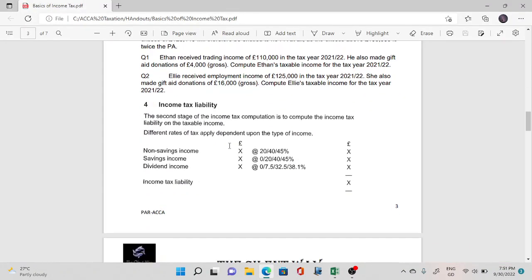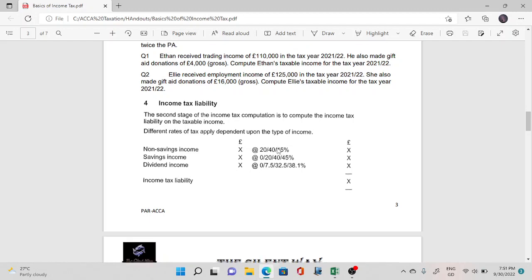Now the next step is to find out the income tax liability. When you have your taxable income, we apply tax bands, some percentages, so that we can find out how much a taxpayer is liable to pay in income tax to HMRC. If a taxpayer has non-savings income, the basic rate will be 20%, higher will be 40%.